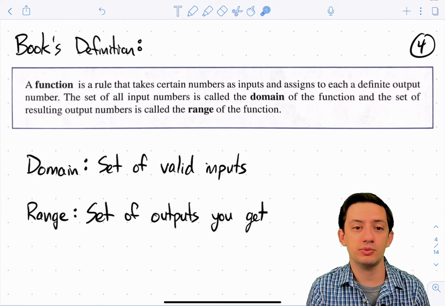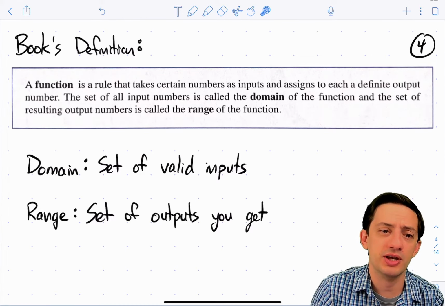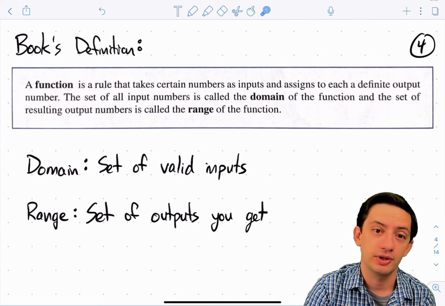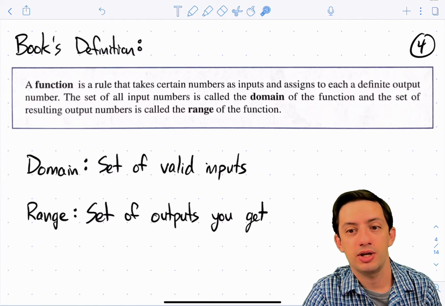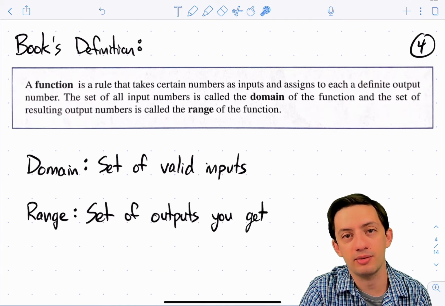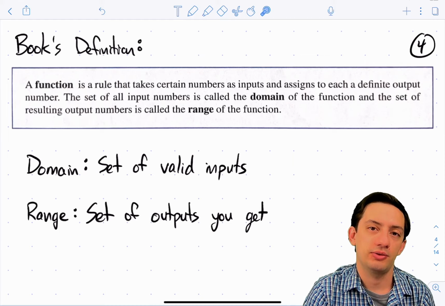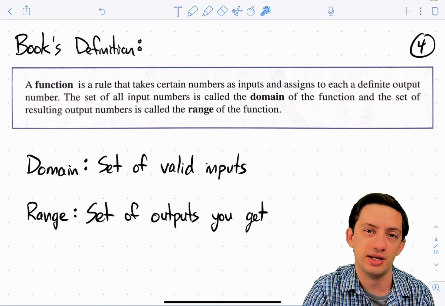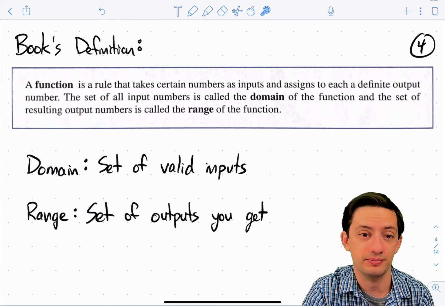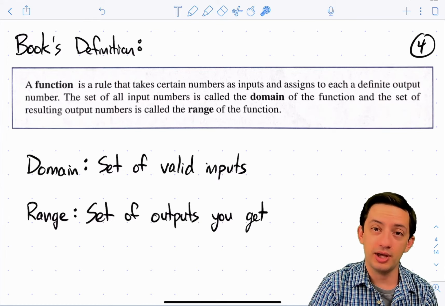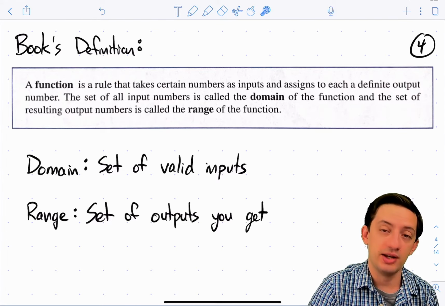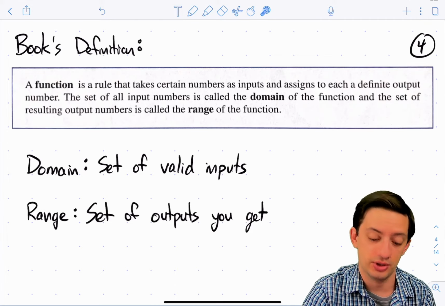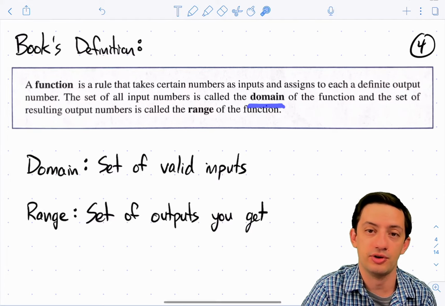Here's the book's definition, which is pretty similar. The book says a function is a rule that takes some numbers as inputs and assigns to each of them a definite output number. When they say definite, that's their way of saying that it can't change, the way I said. Now, a couple extra definitions here. The set of all of the input numbers is called the domain of the function.